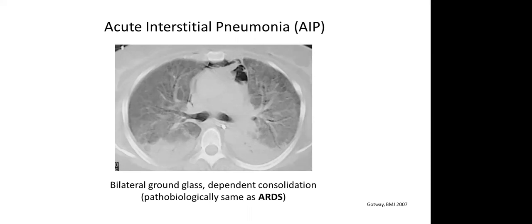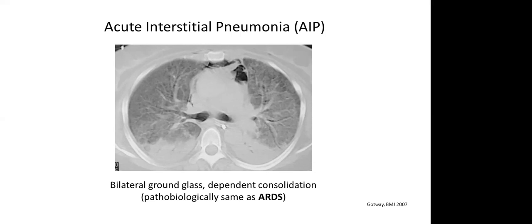Sometimes we admit patients who acutely look just like this picture, and we're trying to figure out what happened. Is it going to happen all of a sudden? Like COVID patients, almost the same pattern. Very true.